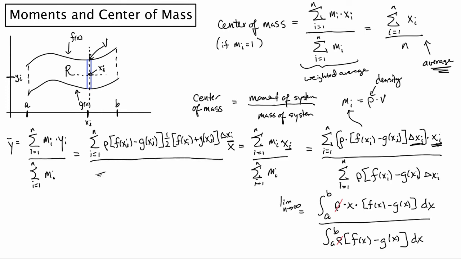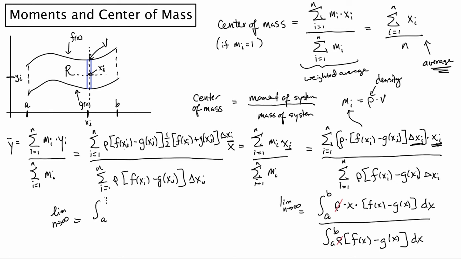Then on the bottom, this would become the sum i goes from 1 to n of the m_i's, which would look exactly the same, rho times f of x_i minus g of x_i delta x_i. Now, if I take the limit as n goes to infinity of this, I get more and more rectangles. Look what happens. I have a difference of squares that are factored here. The rhos would cancel.